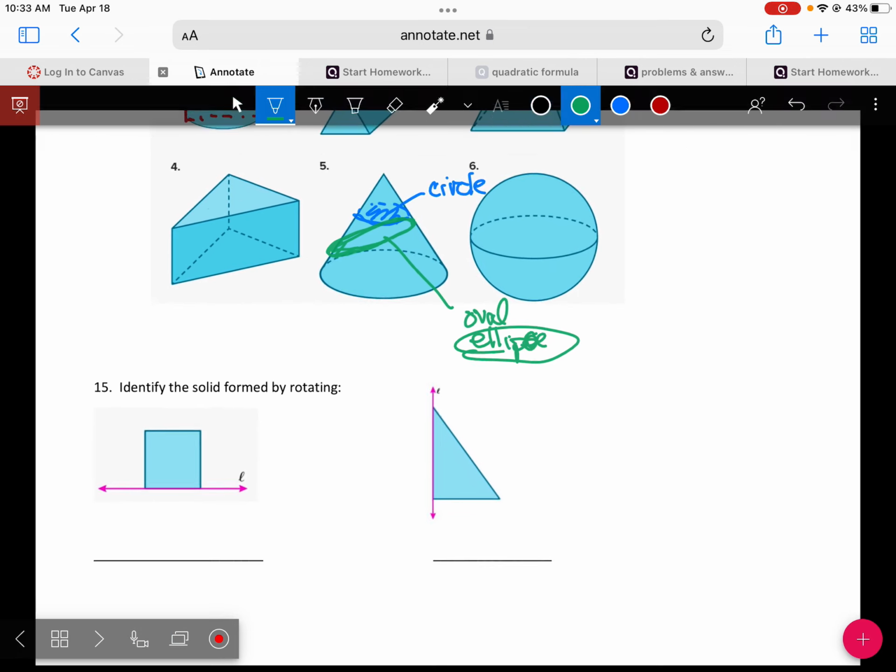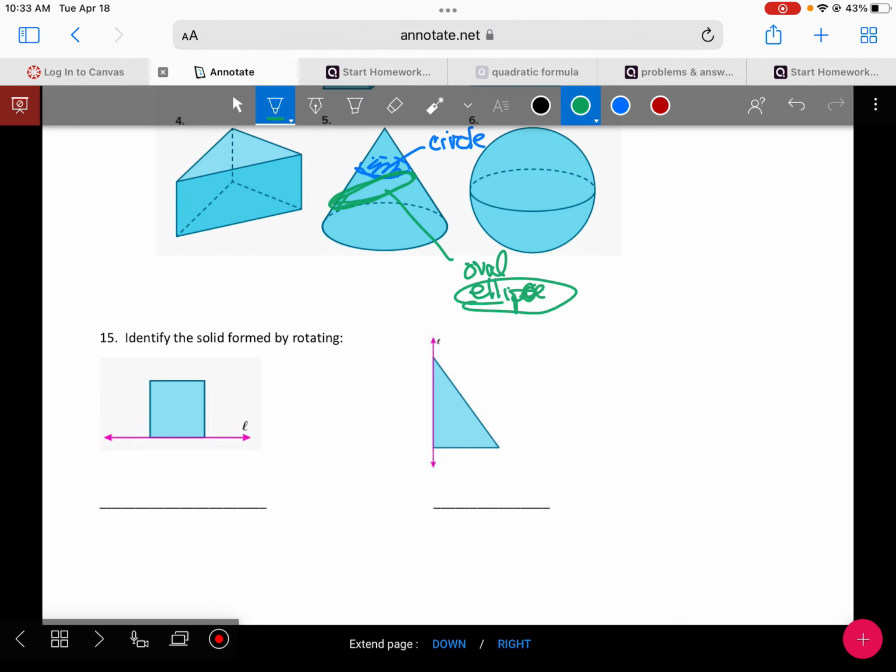2 more. So, identify the solid form by rotating this. This is a solid of revolution. If I take that rectangle or square, we can't tell what it is for sure, and I rotate that around to make a 3-dimensional figure, what kind of a 3-dimensional figure will it be?